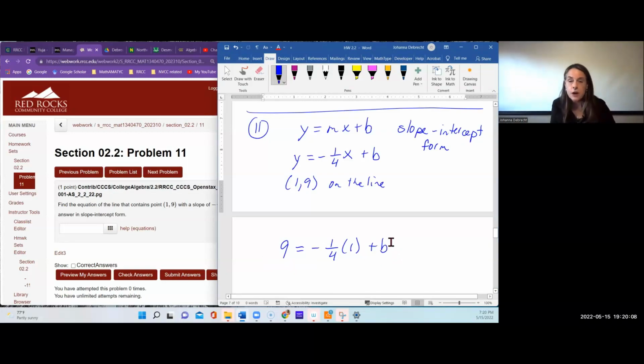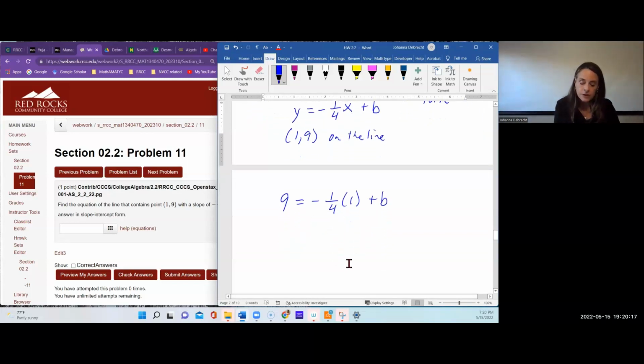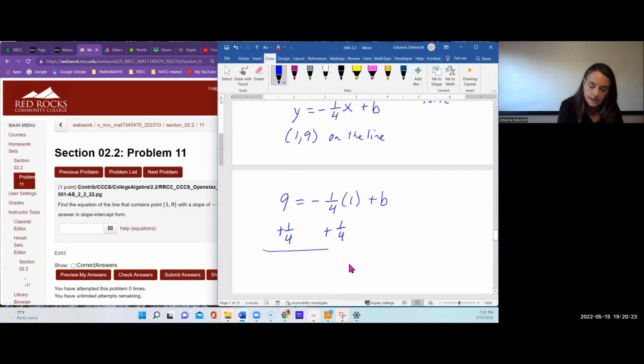Notice that this leaves only b unknown, so I can solve for b by isolating it. That means I need to move the -1/4 to the other side by adding 1/4. Now 9 is not written in terms of fourths, but I can write 9/1 times 4/4 to get 36/4. 36/4 plus 1/4 gives me 37/4.